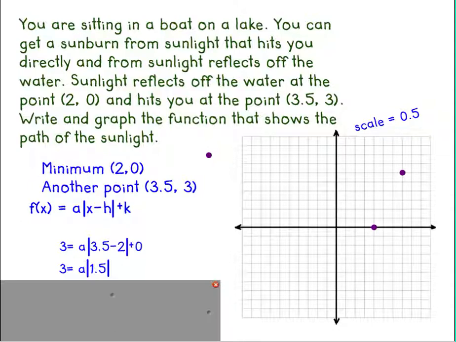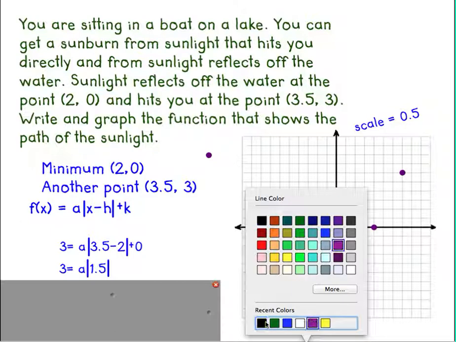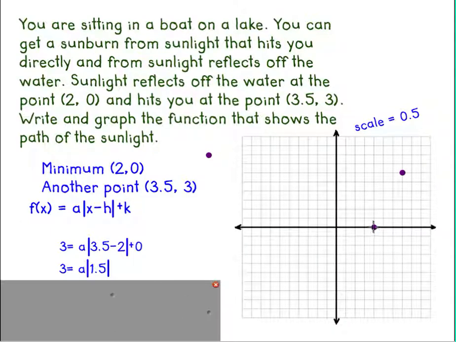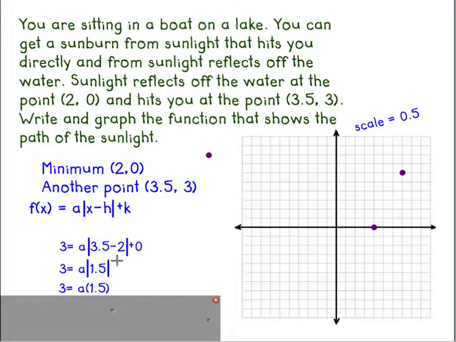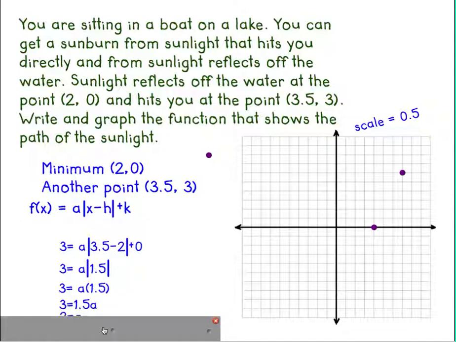So really, again, you have your graph, and let's see what the A is going to be. So now this is going to be positive. If I'm putting in this 3.5, or this 2 here as well, I'm going to keep a positive, so I don't have to worry about the other half of that. So 3 divided by 1.5 is going to give me 2.